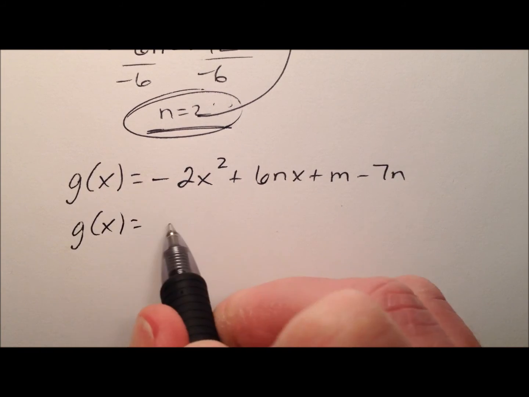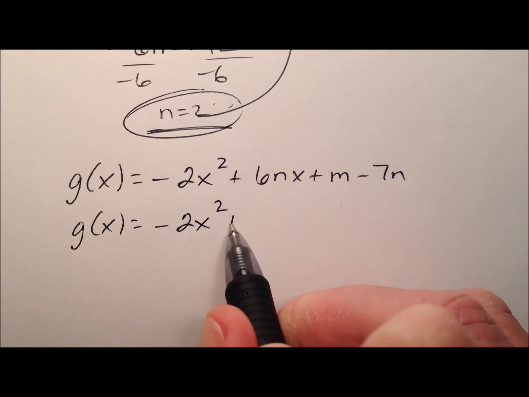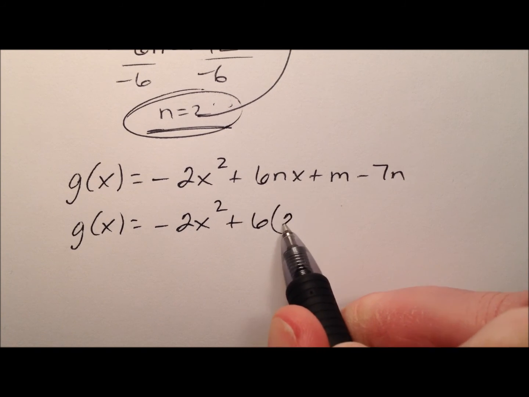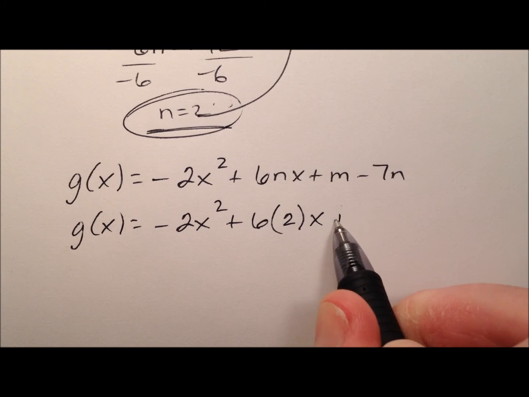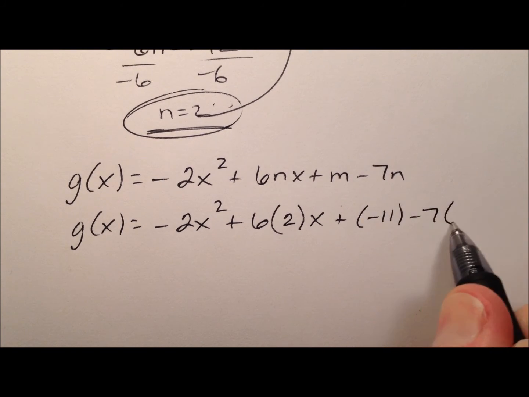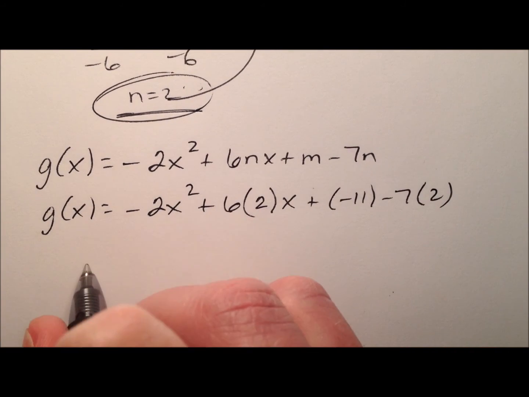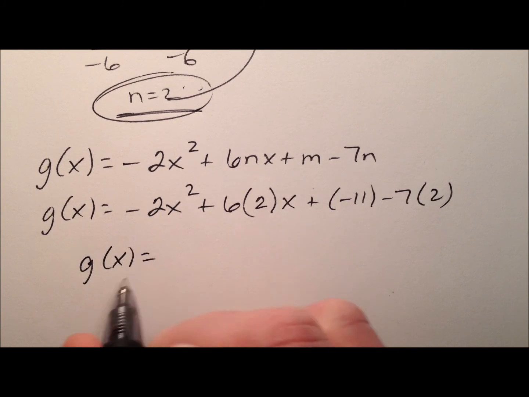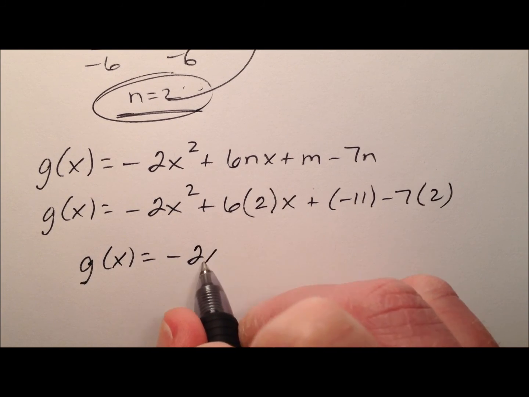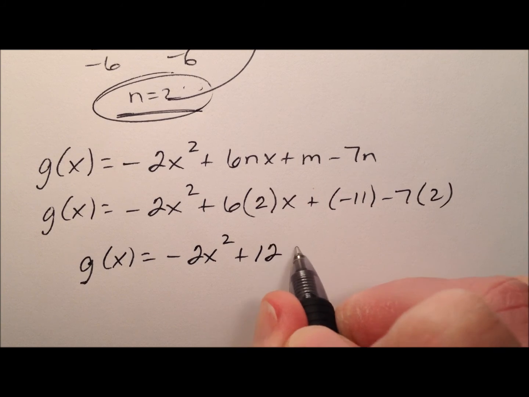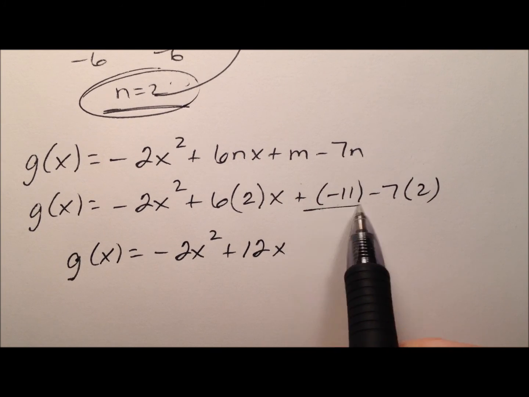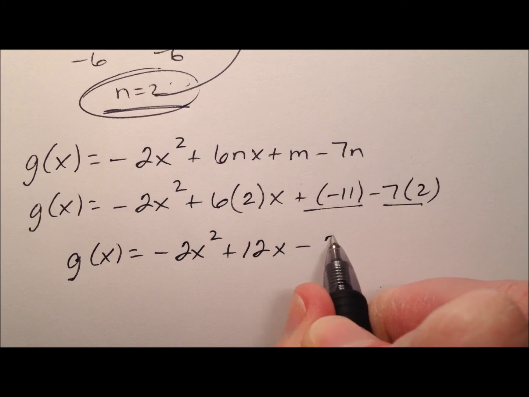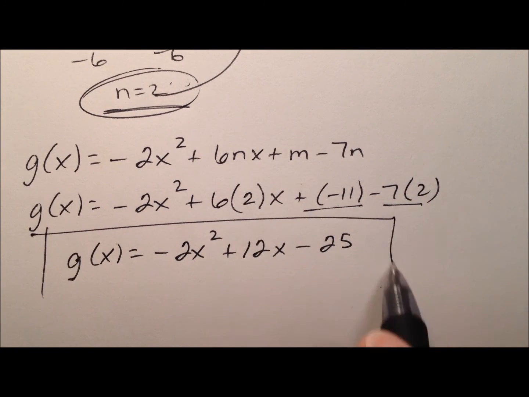So g of x equals negative 2x squared plus 6 times n, which is 2, x, plus m, which is negative 11, minus 7 times 2. And we can simplify all of this for our final product here. So negative 2x squared plus 12x. And it looks like a negative 11 with a negative 14 will make a nice negative 25.